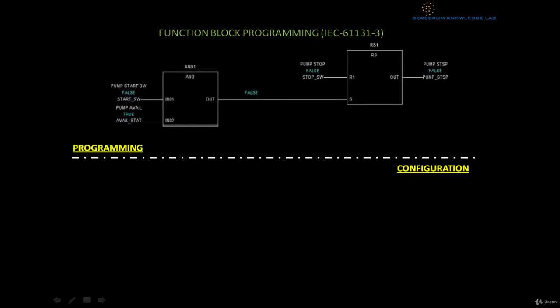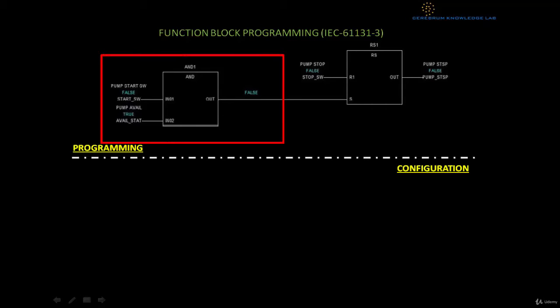This course is about PLC programming using function block, which is one of the IEC 61131-3 programming languages. A PLC program is developed based on the analysis of the problem. It is a group of universal, specific instructions put together using a programming language to automatically perform tasks for solving a problem.